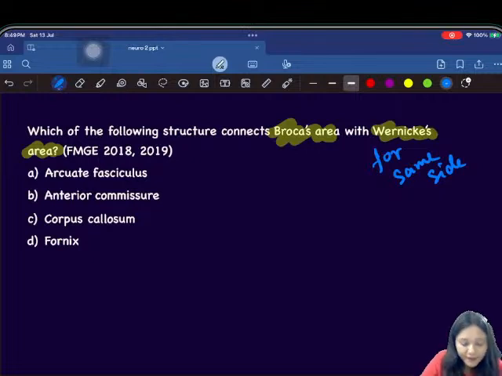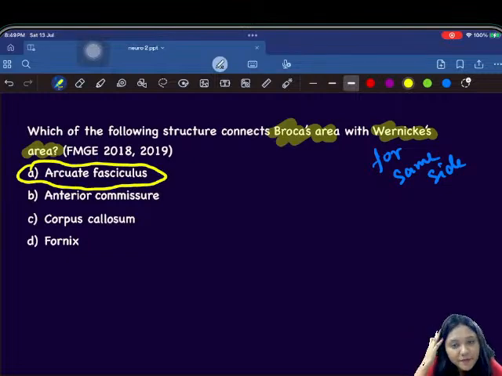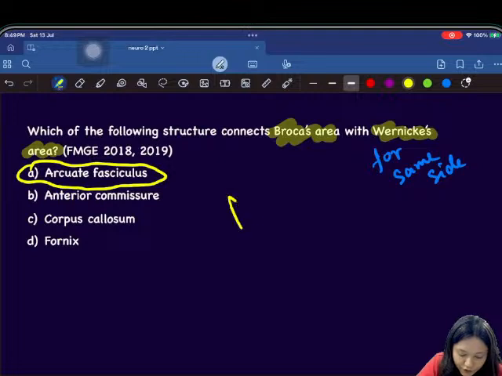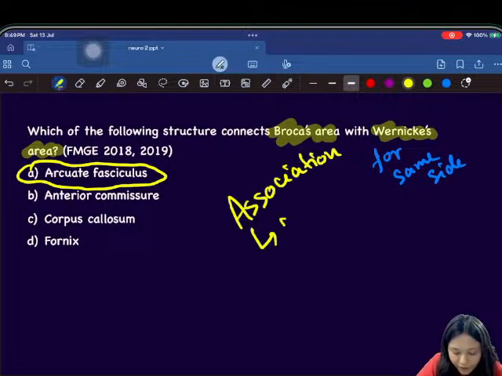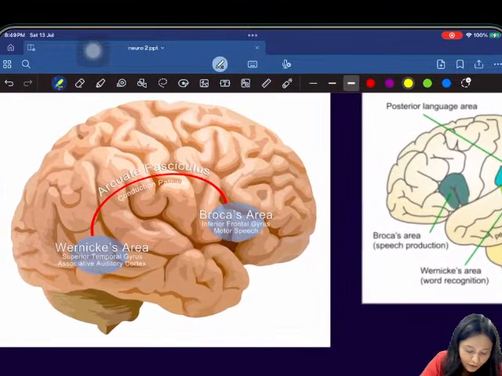Yes, the correct answer, you are right, that is your arcuate fasciculus. We have just learned that Broca's and Wernicke's areas on the same side are connected by your association fiber, that is the arcuate fasciculus. Just now we have seen this image. This is the Wernicke area, superior temporal gyrus.